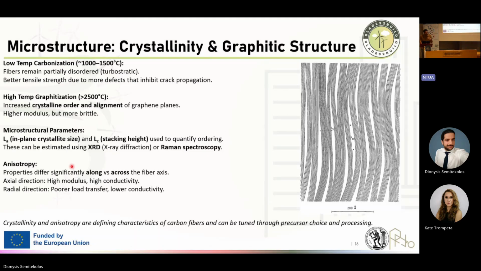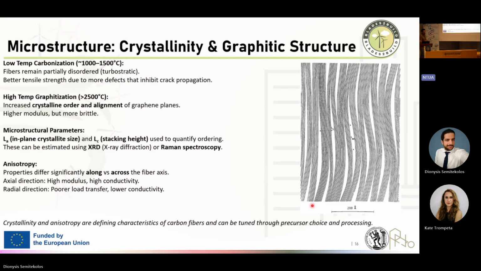Okay, and one last thing I didn't mention yet is that the properties of the fiber have significant differences along and across the graphitic planes. Along the graphitic plane is where the fibers have their very good properties, because the carbon atoms are connected through the sp2 bonding that we discussed.